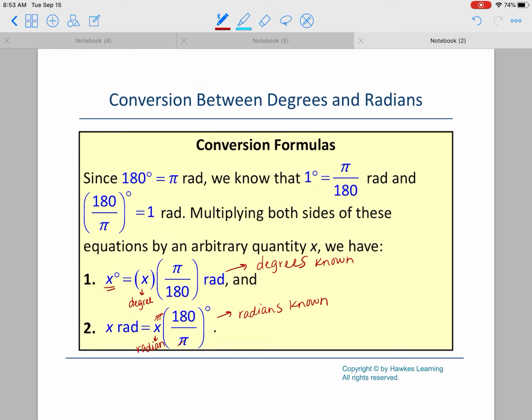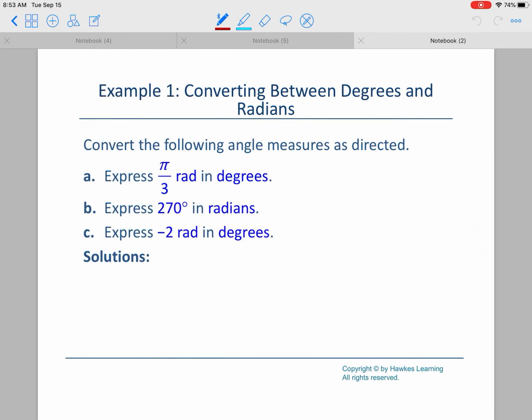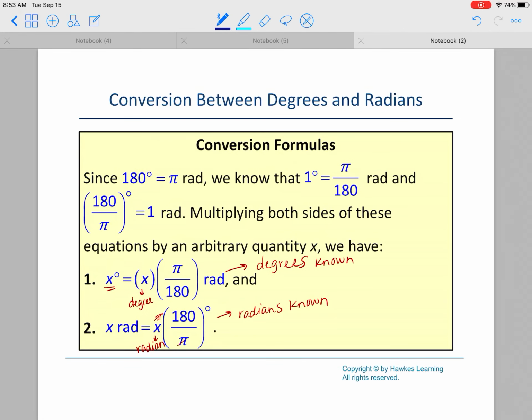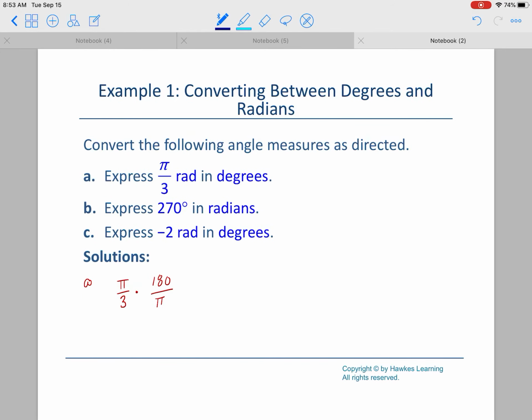And we're going to look at a few examples today together. Okay, the first one: express pi over 3 radians in degrees. So I'm going to take pi over 3. It's a radian. I want to convert it to a degree. So I'm going to multiply it by 180 over pi. That's the one over here, if I know my radian and want to convert it to a degree, 180 over pi.